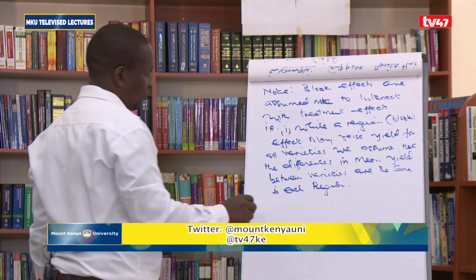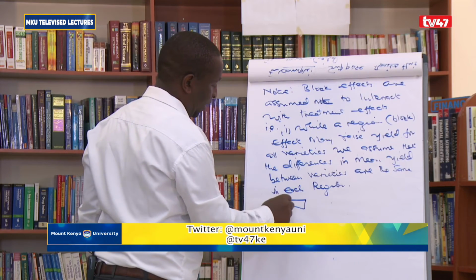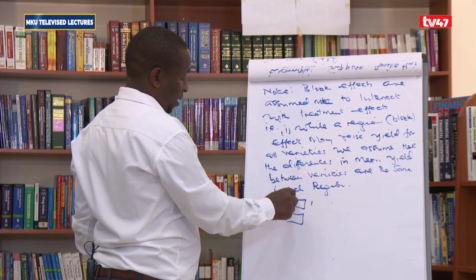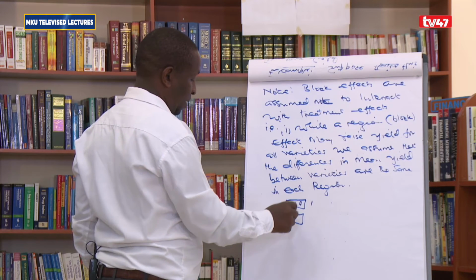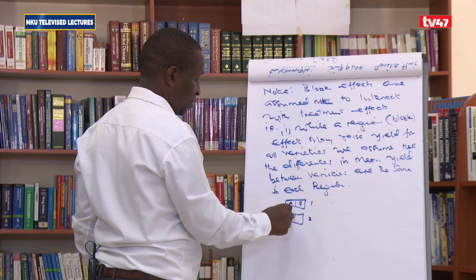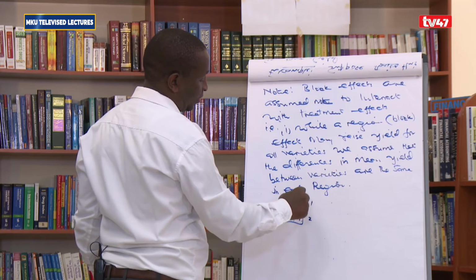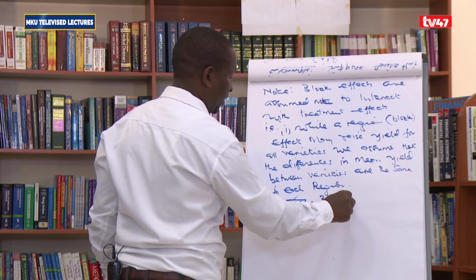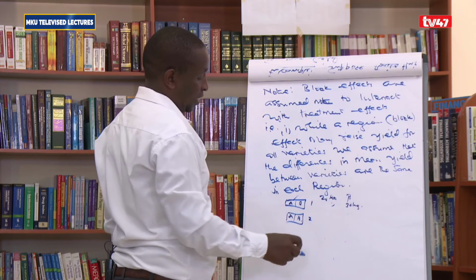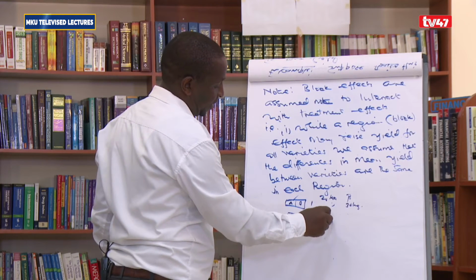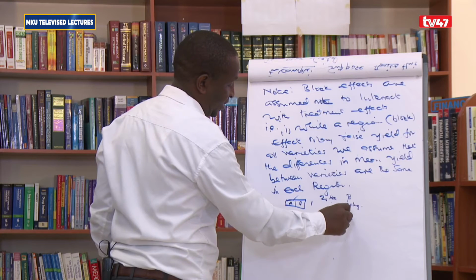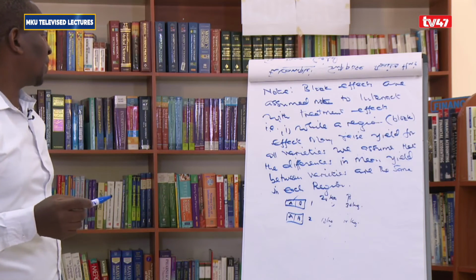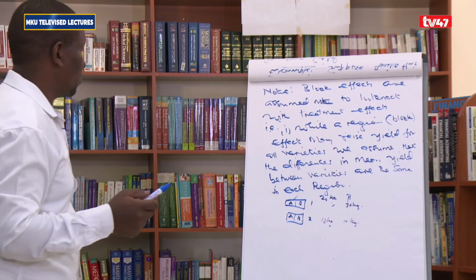That is, if we have a block 1 and block 2, and we have two varieties, A and B, and this is block 2, A and B. If the yield for A here is, say, 20 kgs, and for B is, say, 30 kgs, and suppose the yield for A here is 10 kgs, and for this other one is 15 kgs, then we are saying that the difference in mean yield between varieties are the same in each region.